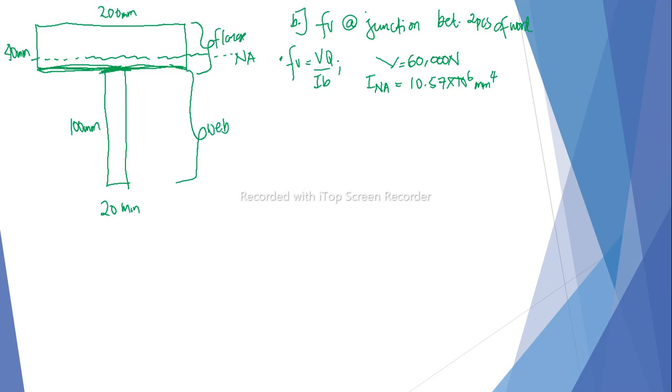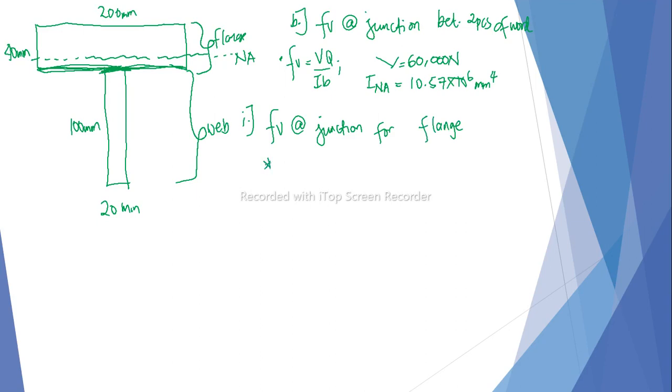So we have two to solve. Let's start solving for the shearing stress at the junction for the flange, this rectangle on top.